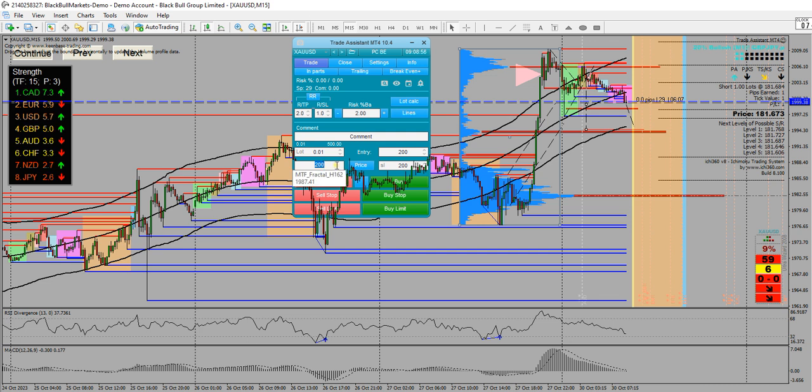We want 662. So it doesn't even work, this trade assistant on here. But that's our target anyway. It doesn't work properly, that's for sure.